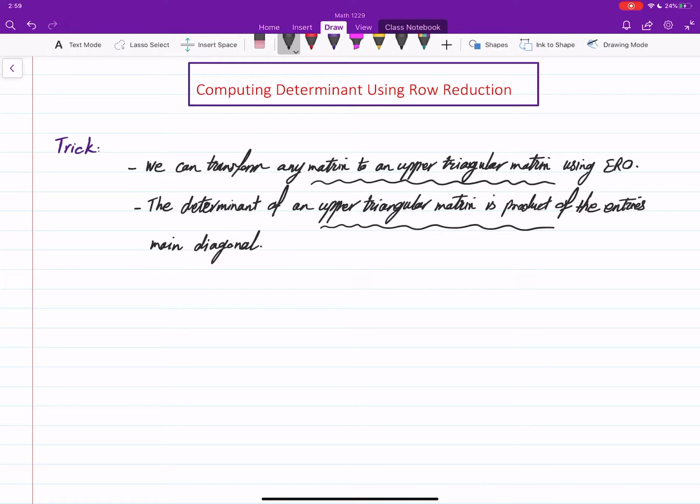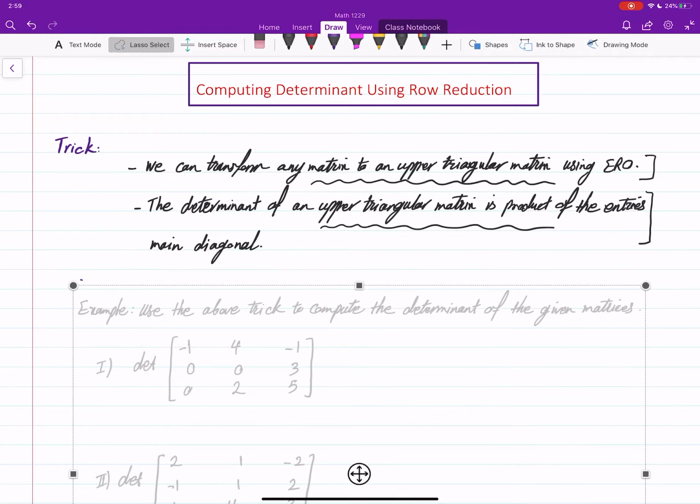And together, one factor comes from here, another factor comes from here. Together, you will get the determinant of the given matrix. Okay? So you can go to upper triangular using elementary row operations, and you know how to keep track of the changes of the determinant.